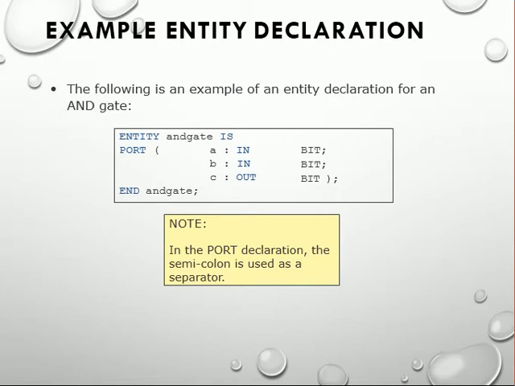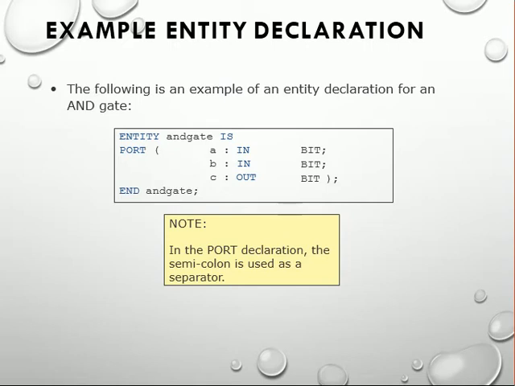Okay, so port, this is again a keyword, and then in the bracket we are going to write input and output ports of this entity. As I said, we are going to mention A as the first input, B as the second input, and C as the output. So we will write port name first. From the syntax, it should be port name colon port mode and then port type.